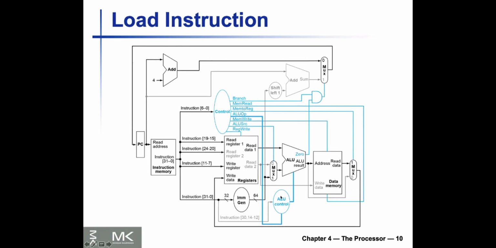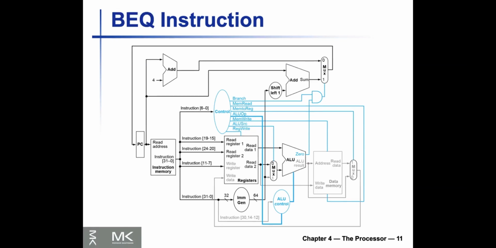For the case of load, this segment of your data path would be activated, shown in bold blue, right? For the branch, of course, the branch unit would be activated, and the outcome of the branch would be passed to your next PC, and so on and so forth. So that would be pretty straightforward.